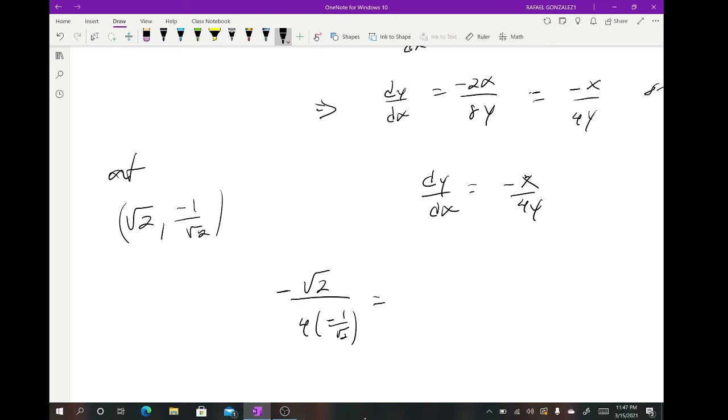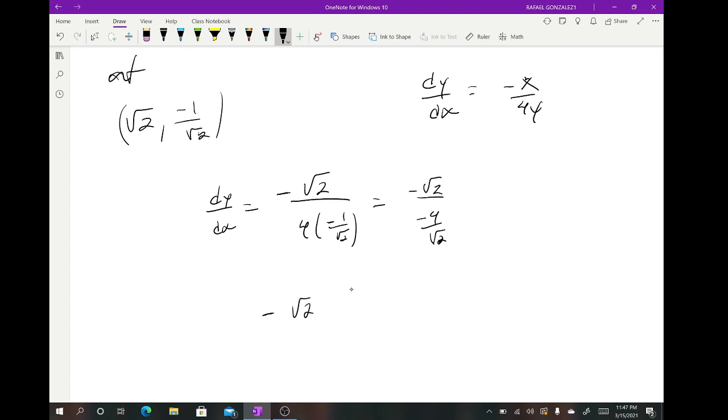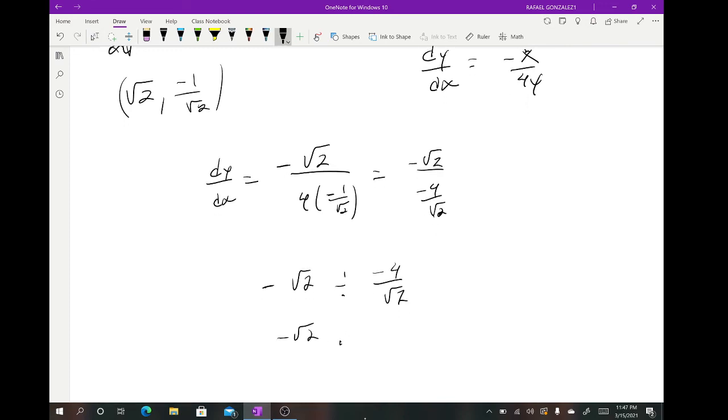We can simplify this a little bit more. So dy/dx is equal to this. And then we can see that this is going to be equal to minus radical 2 over minus 4 over radical 2. This is a complex fraction, so this is minus radical 2 divided by minus 4 over radical 2. And this is just minus radical 2 times radical 2 over minus 4. But radical 2 times radical 2 is simply 2.